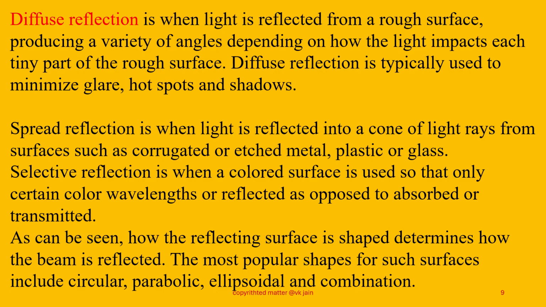Spread reflection is when light is reflected into a cone of light rays from surfaces such as corrugated or etched metal, plastic, or glass. Selective reflection is when a colored surface is used so that only certain color wavelengths are reflected as opposed to absorbed or transmitted.